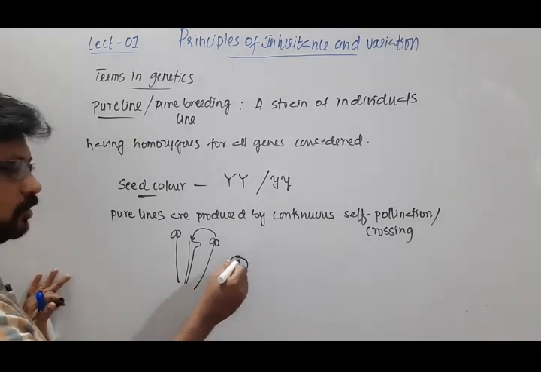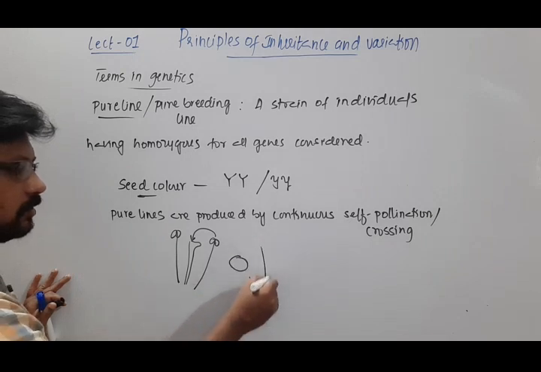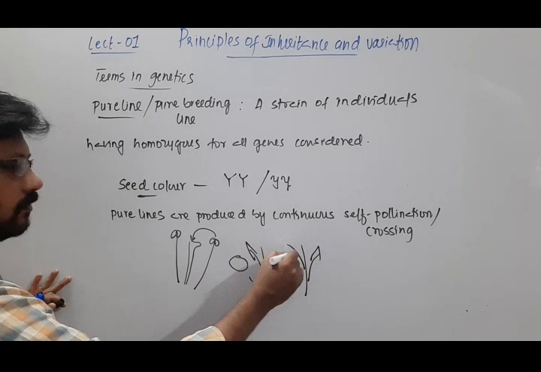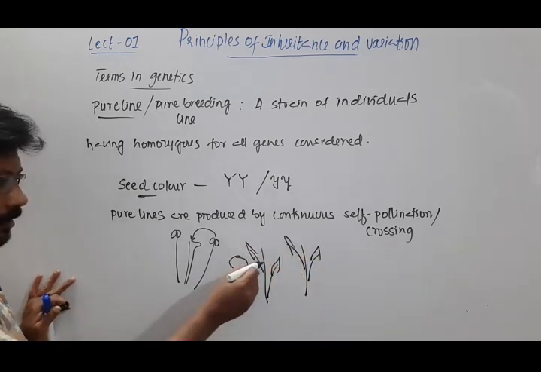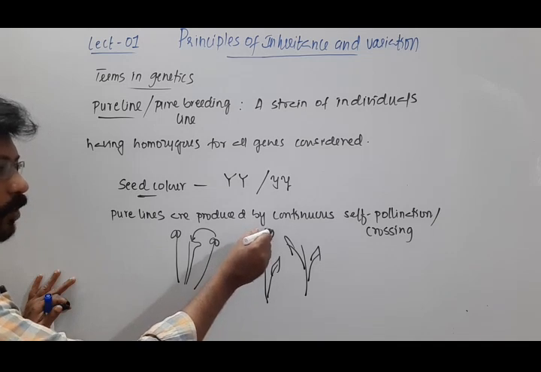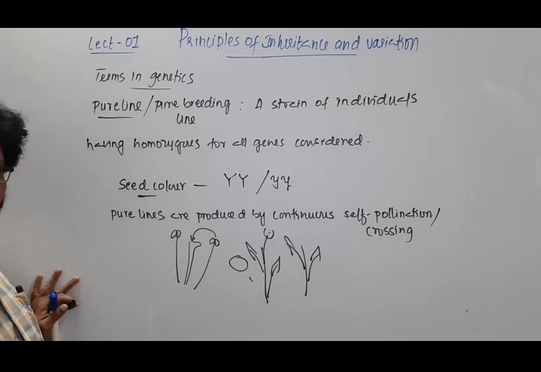Those seeds I'm going to raise into different plants, and again on this plant you have a flower. Again the pollen of that flower will be put on the stigma of the same flower.